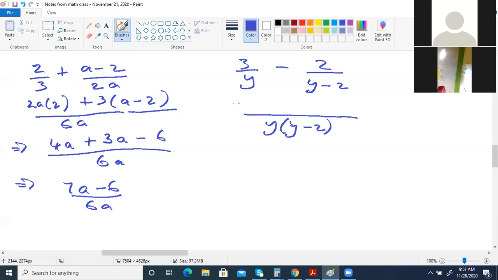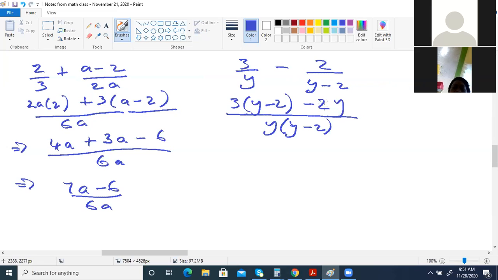So this is 3 times y minus 2, then minus, so y minus 2 into this gives you y. But since there's a minus here, you're going to get a minus 2y.